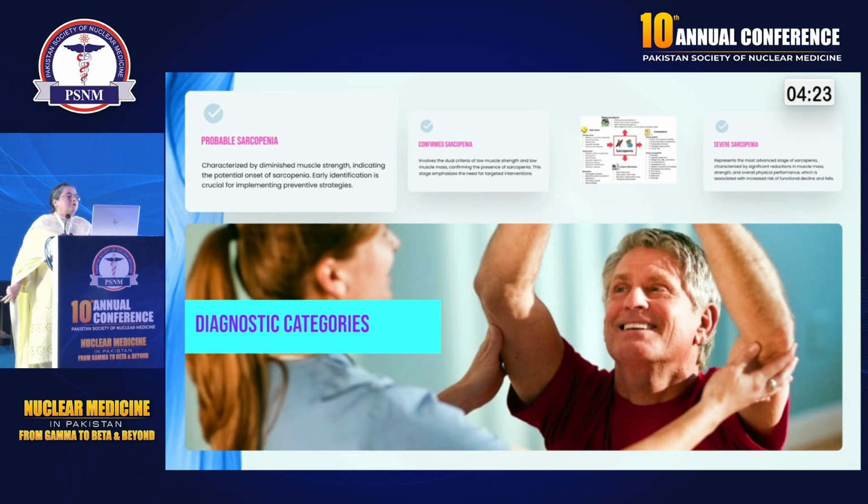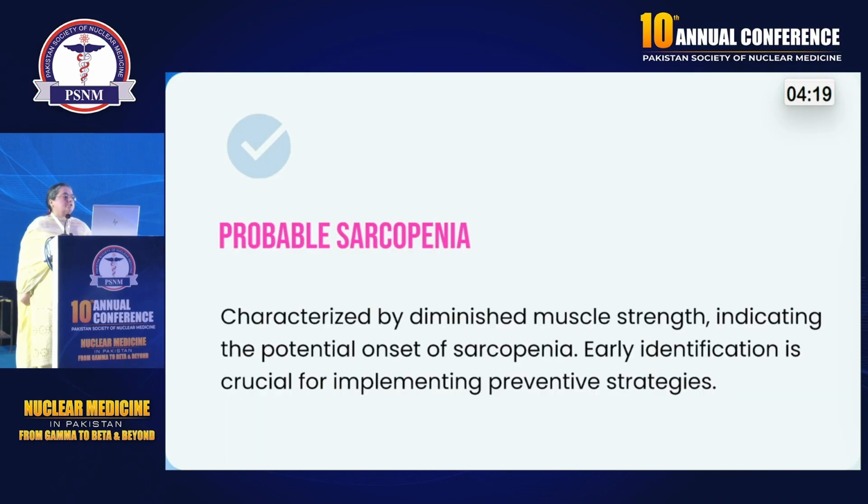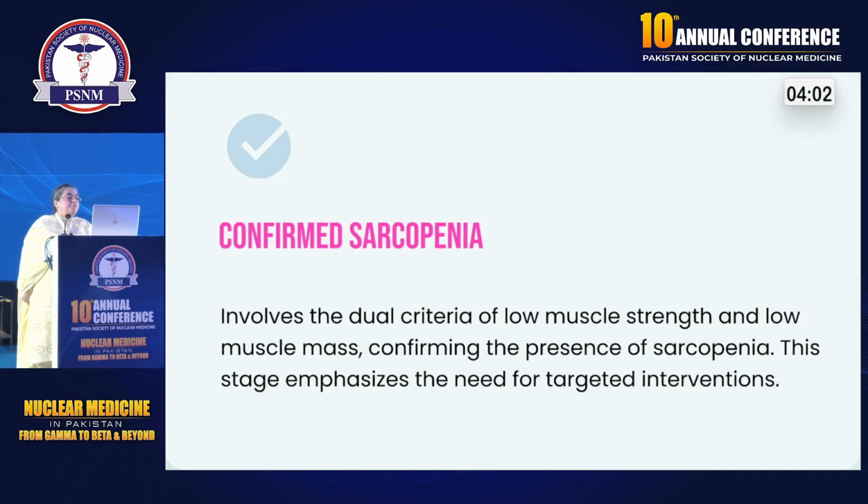So there are three main categories. We define them for diagnostic purposes. They are probable sarcopenia, characterized by decreased muscle strength, indicating the potential onset of sarcopenia. Early identification is crucial for implementing preventive strategies at this point. And there is confirmed sarcopenia. It involves the dual criteria of low muscle strength and low muscle mass, confirming the presence of sarcopenia.